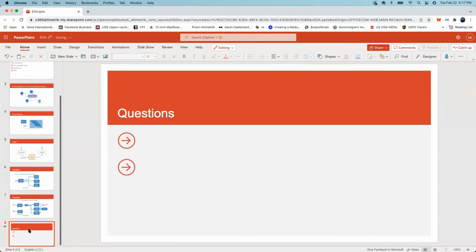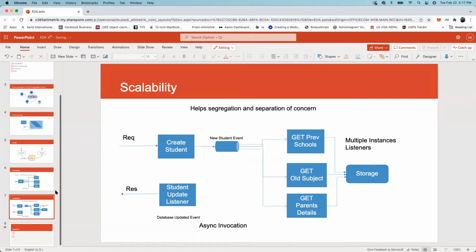Also, comparing to the previous architecture, you could save resources if you could only scale certain parts of an application that listens to an event. So that's another pro of having segregation and separation of concerns using event-driven architecture and breaking down monolith applications into smaller ones.